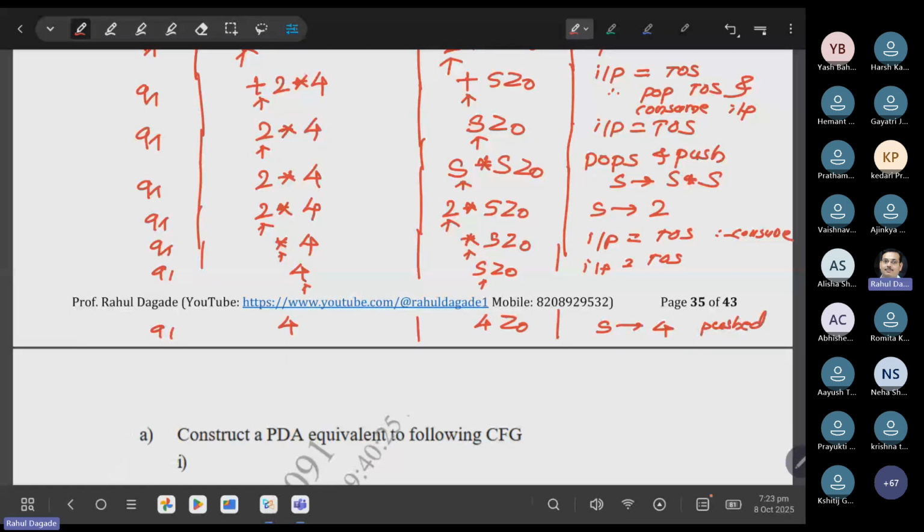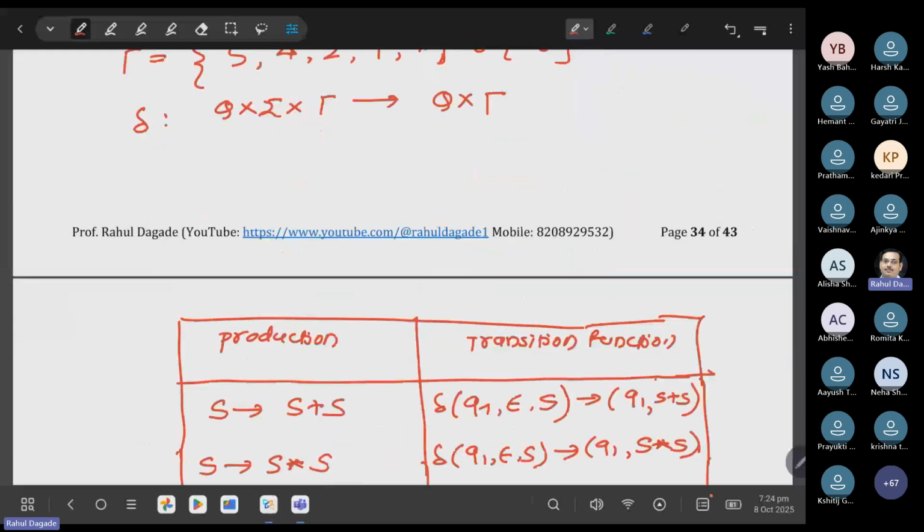And now this 4 is matching with this 4, therefore do the pop operation. Therefore Q1, null is the input and the remaining stack is Z0, and it is popped. The pop operation is done. Why? Because the input is the same as the top of stack. Now you have Q1, null input, Z0 on the stack, so you come to the Q2 state, which is the final state. Do you see?